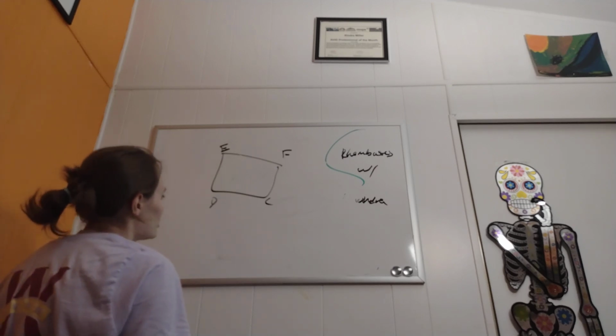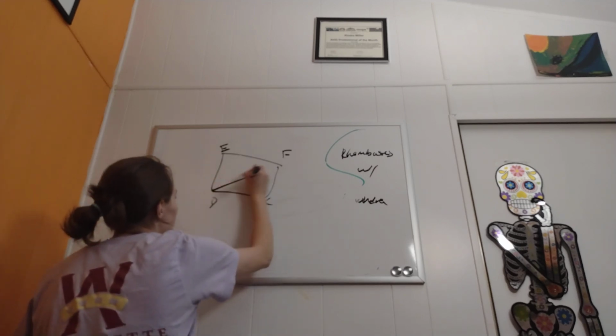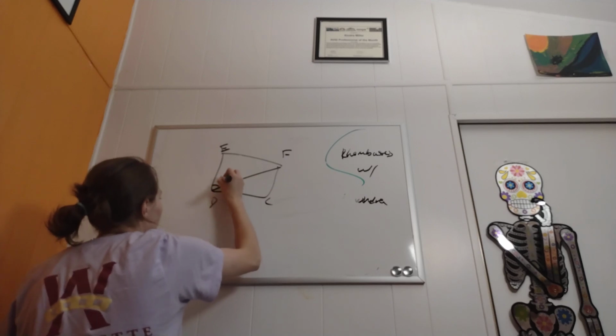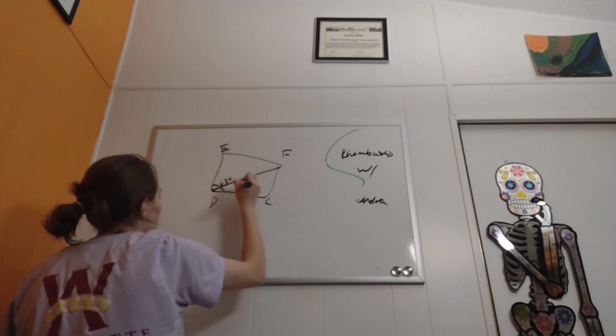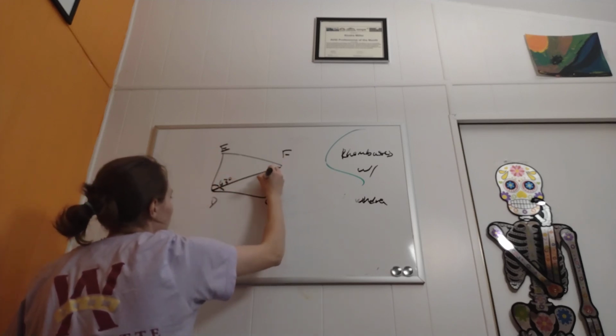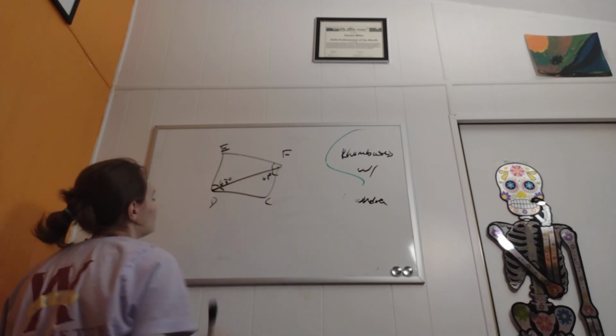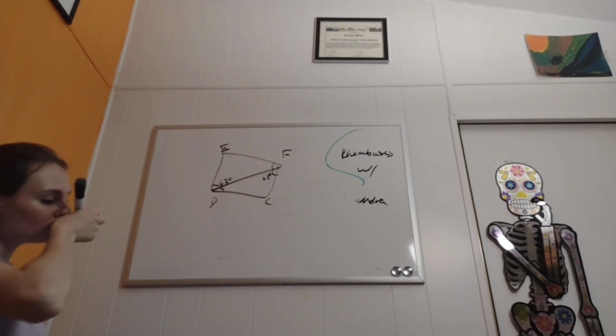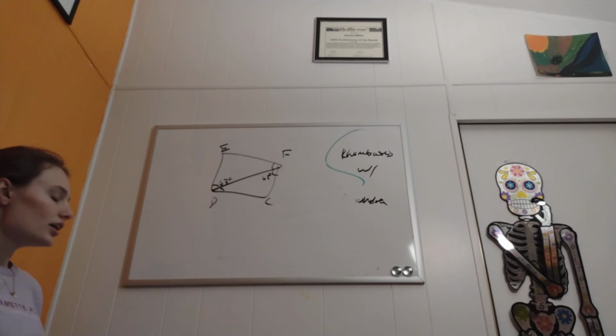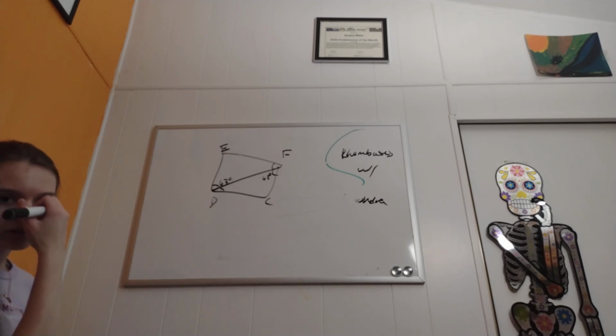So, rhombus EFDC gives us only so much information. It is asking us how we know that this is a rhombus, if we can even tell at all. And truly, just given this information, we can't.